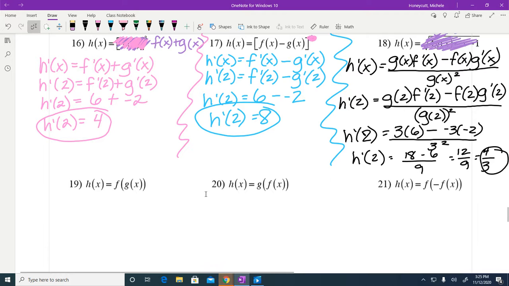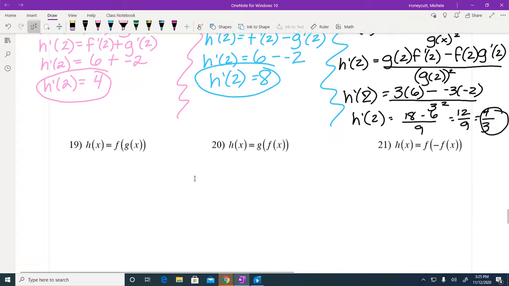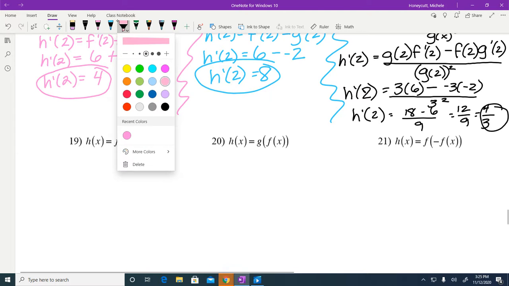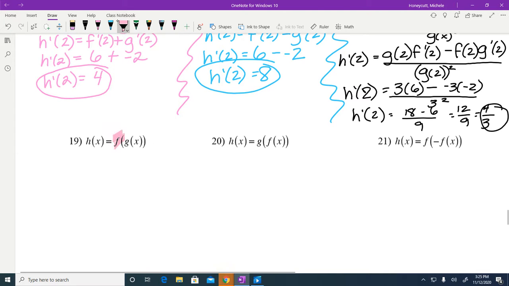Then you have some composition. So now we can use the chain rule. First of all, identify your outside function. The outside function in this case is going to be f. The inside function is going to be g. So when I want to find h prime, I'll take the derivative of the outside, just carry the g down, times the derivative of the inside.